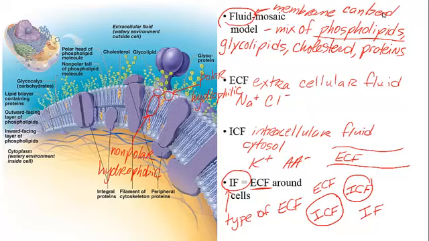The glycolipids, the second part of the plasma membrane, are found on the outer surface of the plasma membrane, and they can be sticking out, as we see in this case.